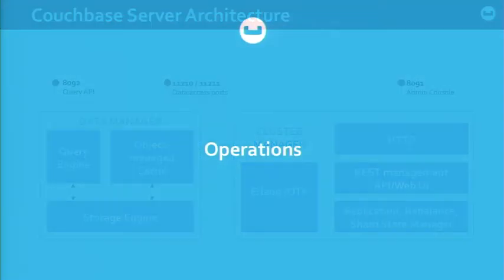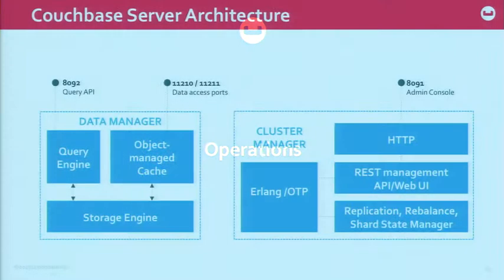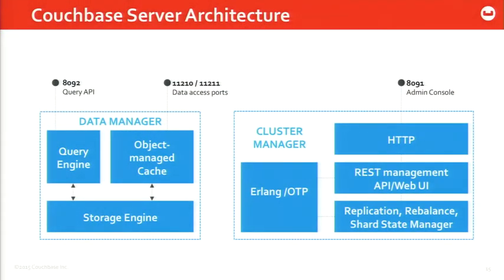So now let's look at the various operations. Let's look at a single node operation and then look at it across the cluster. Every node in Couchbase is identical, so you don't have a config server or a master or a slave or an administrator or an arbiter node. All nodes look the same, and they look like this, right?